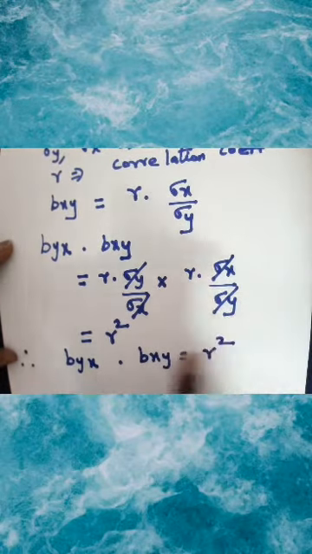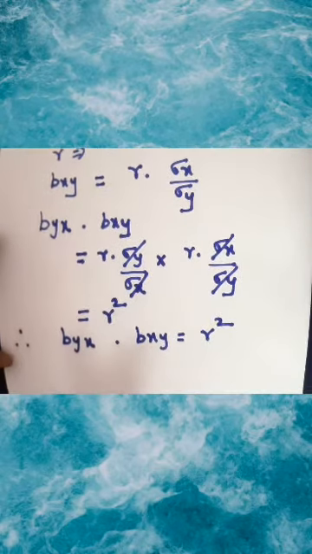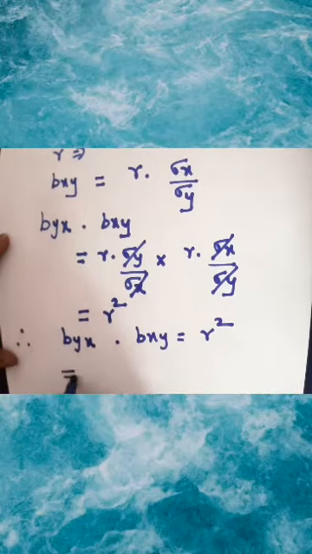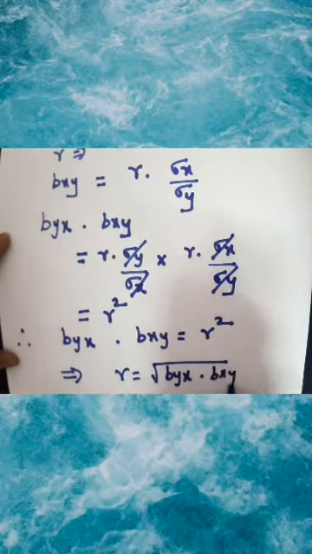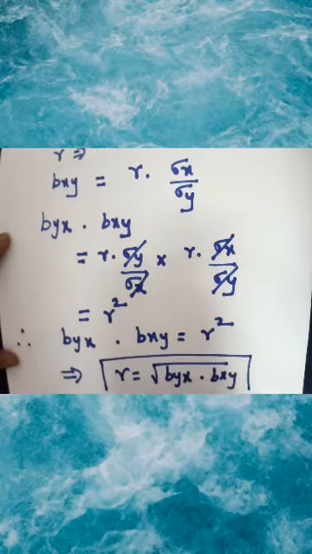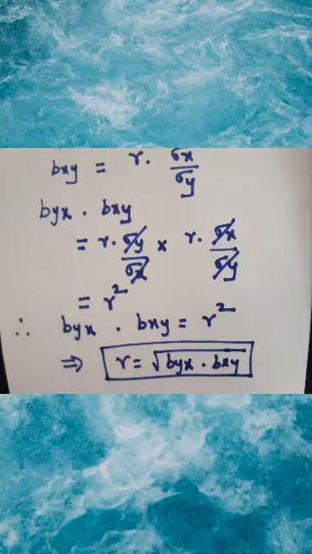Can I bring the square to the other side? If the square comes to the other side, it becomes a square root, right? Which implies r is equal to the square root of byx times bxy. We got the relation. This is property number 1, and we proved it.